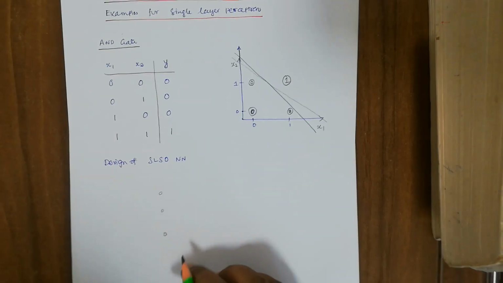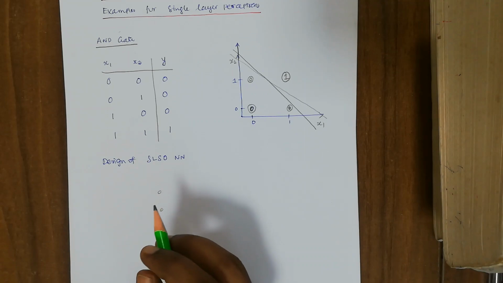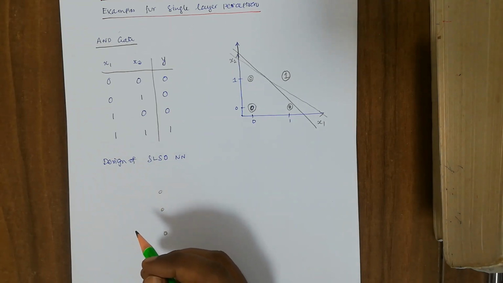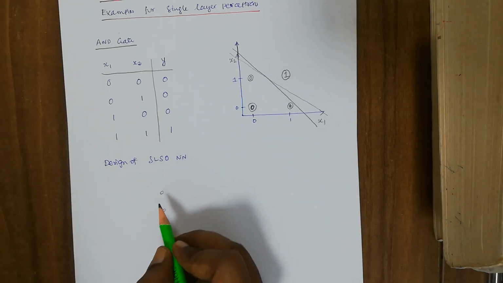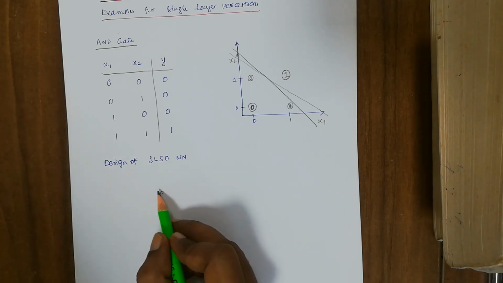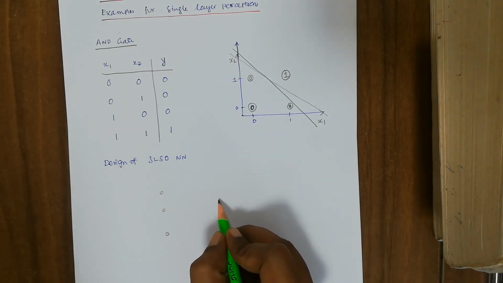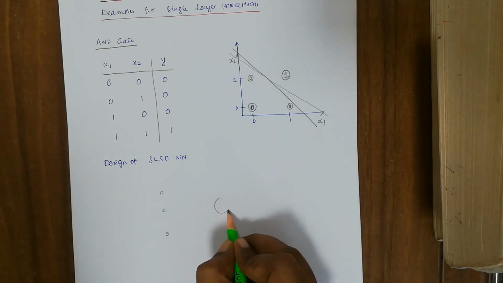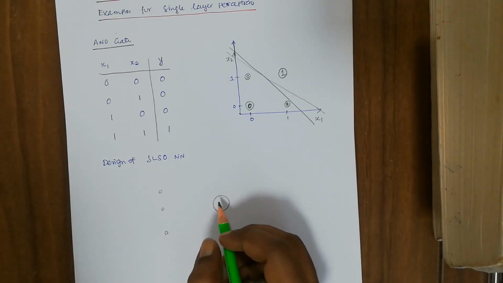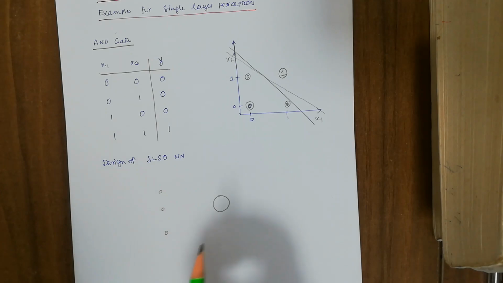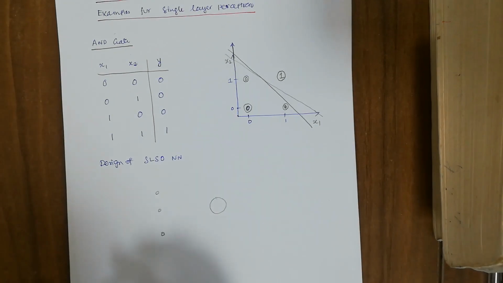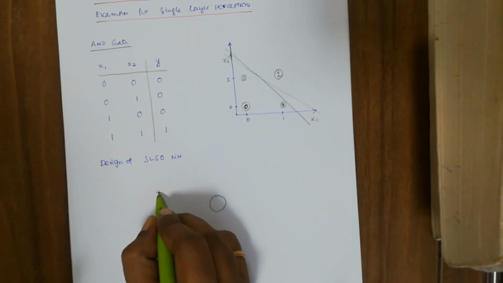The input layer has no role other than simply passing the input. So we should have x1, x2, in addition to a bias, and then only one neuron, because one neuron is sufficient in the output layer, and all these are connected to this neuron.